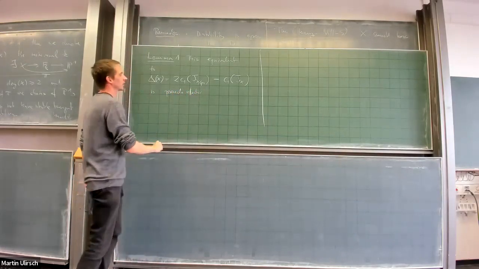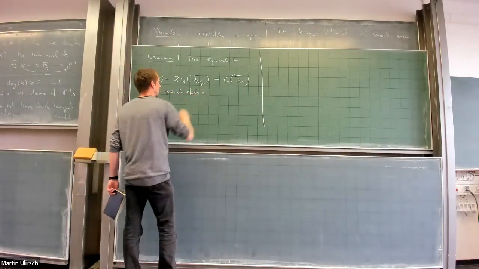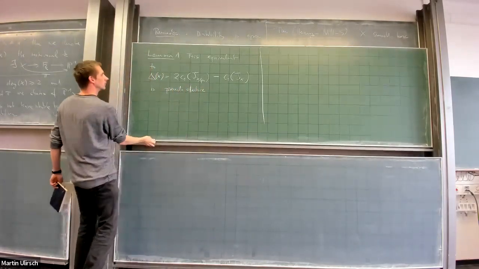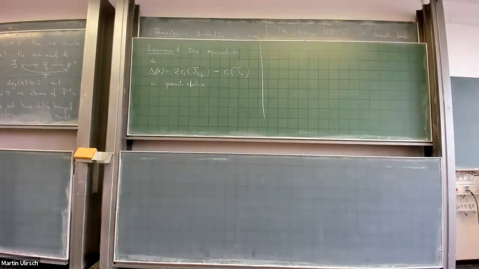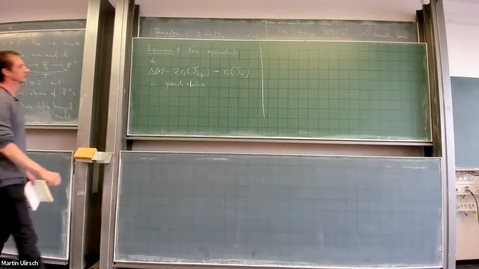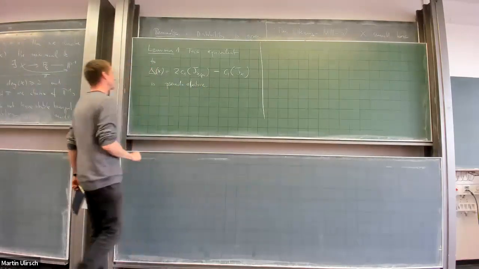So it's a limit of effective classes, which doesn't make a difference for us.